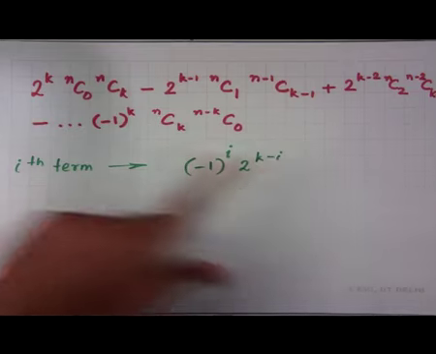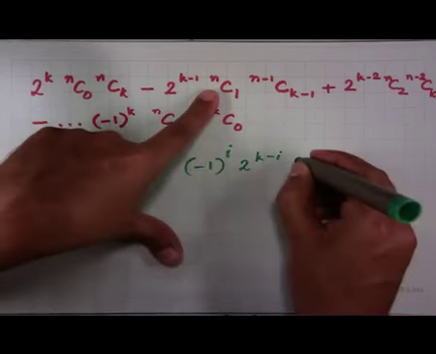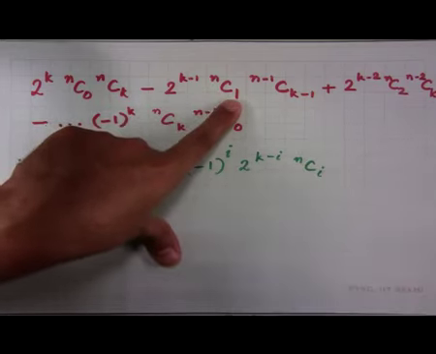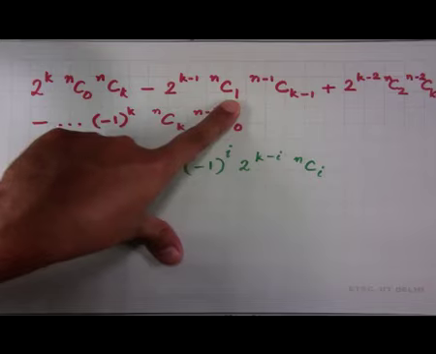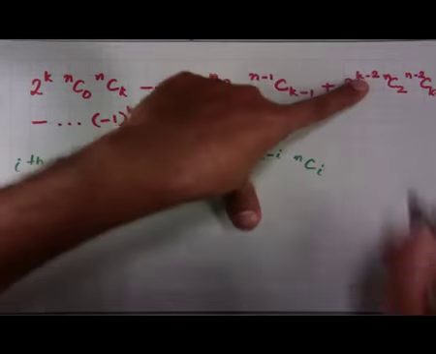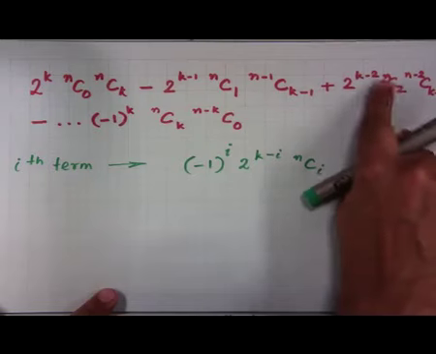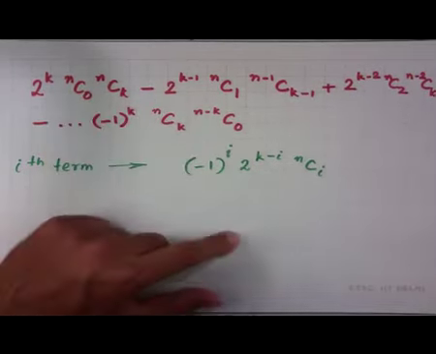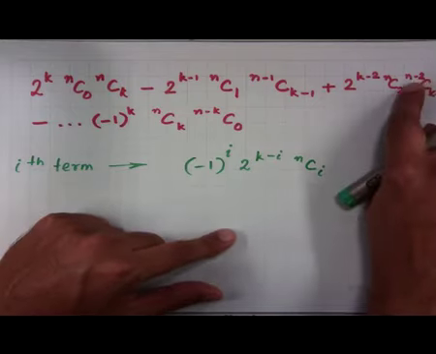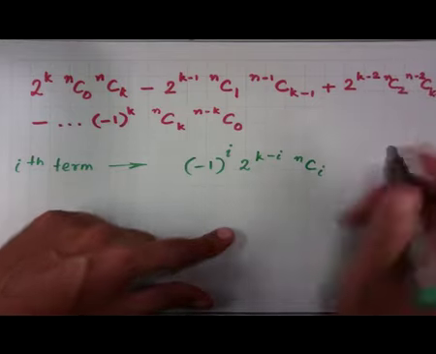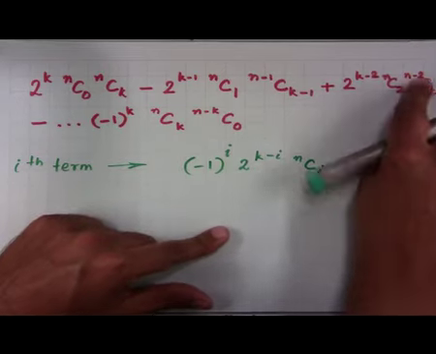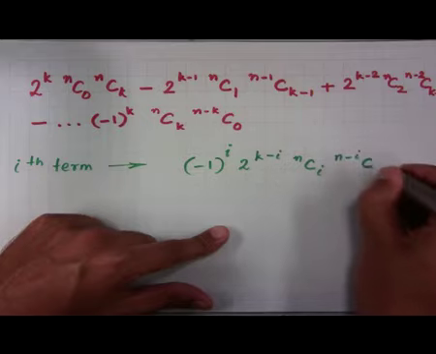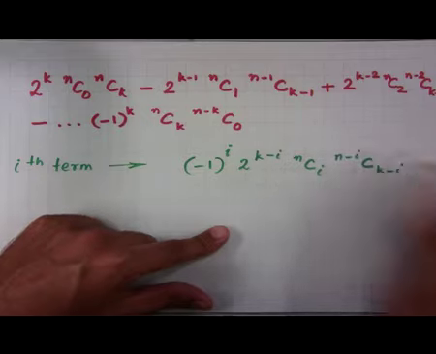So, 2 power k minus i, and then nCi, where second term is nC2, first term is nC0. And then you have n minus 2 C k minus 2 over here, so that will be, for the ith term, n minus i C k minus i.